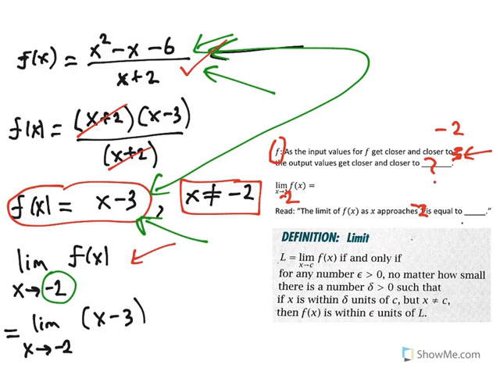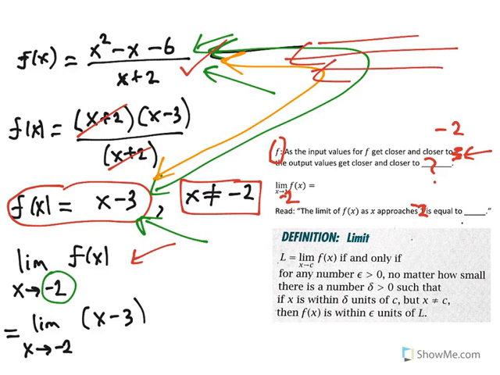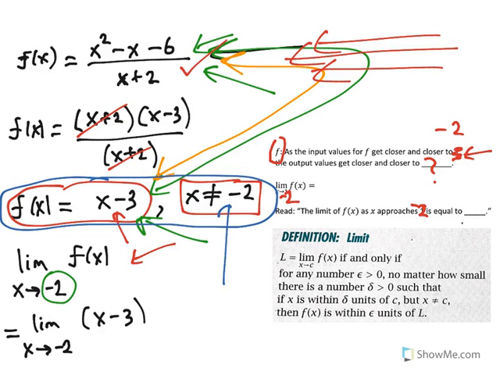So let's get back to what I was saying. So these two functions, they are identical except at x equal to -2. Our original function is not defined at x equal to -2, whereas if you just look at f of x equal to x minus 3, of course, to note that it is our original function, we have to give this restriction that x cannot be equal to -2.